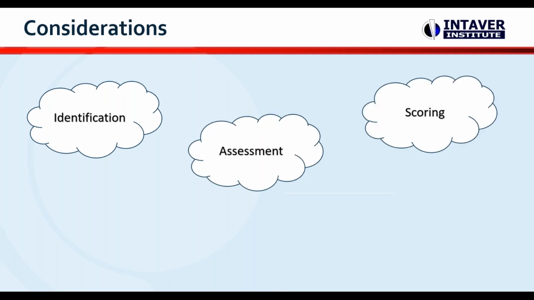These two here are somewhat related: assessment and scoring. How are you going to assess the risk? If you're doing it quantitatively, you're used to that, you're doing risk assignments and it's percentage wise.